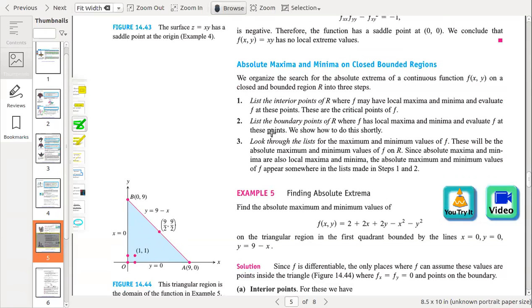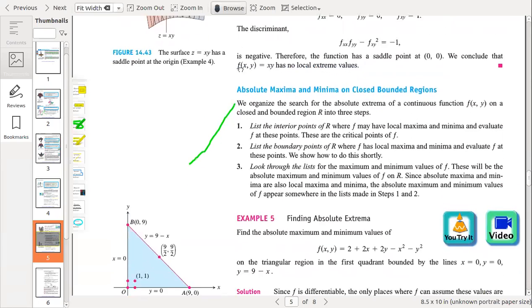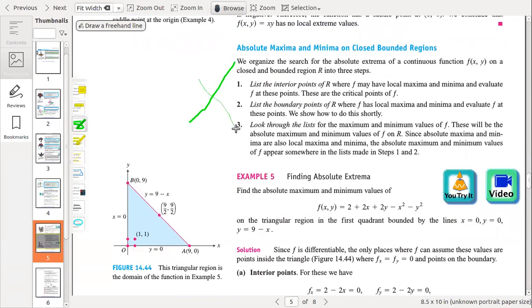Second, list the boundary points of R where f has local maxima and minima and evaluate f at these points. We show how to do this shortly. This part you can skip, it looks not so important.